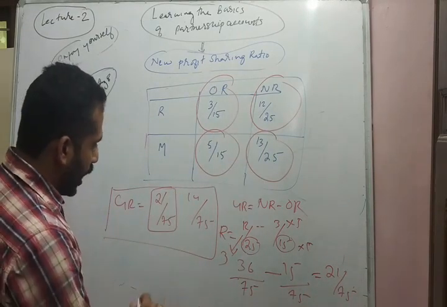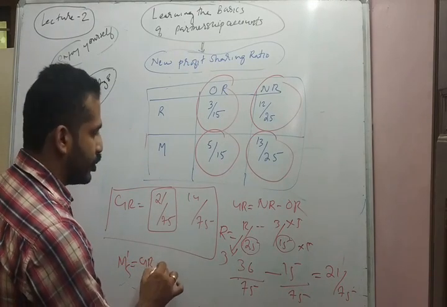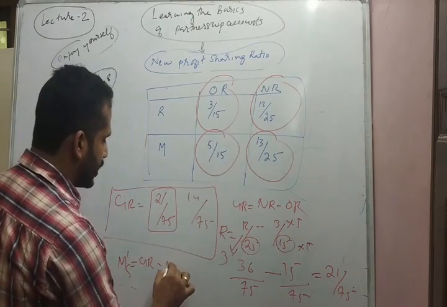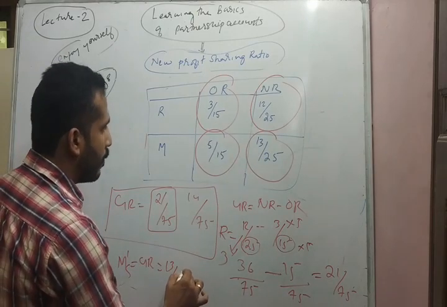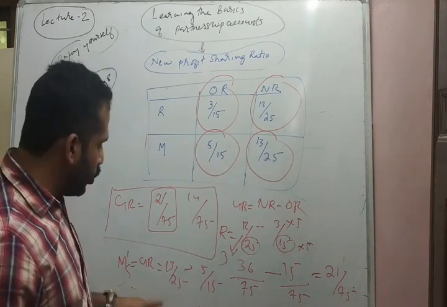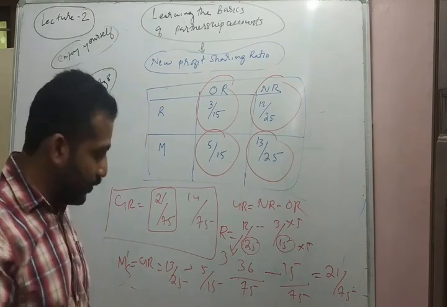Okay. Then about M's gaining ratio. M's new ratio is 13 by 25 minus old ratio is 5 by 15. Again, to equalize the denominator, I will convert the denominators into 75.